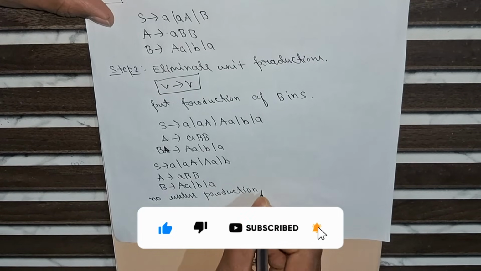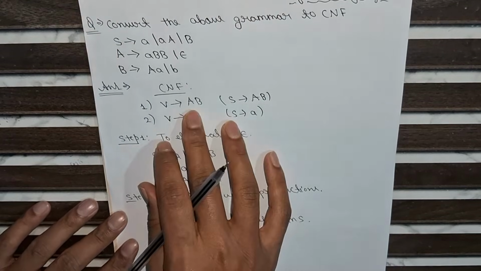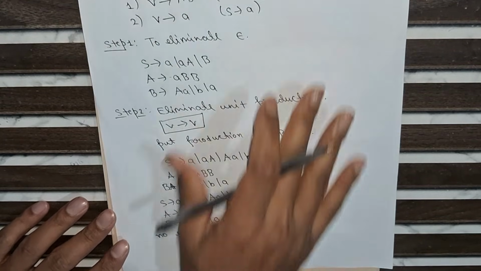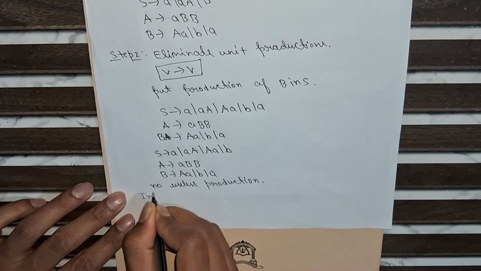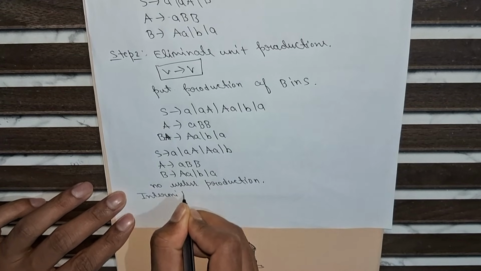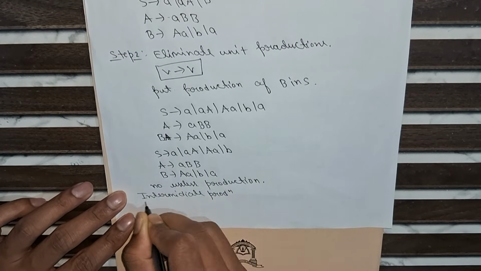So now we will change this to Chomsky Normal Form. How will we do this? We will see the intermediate productions, we call these intermediate productions.